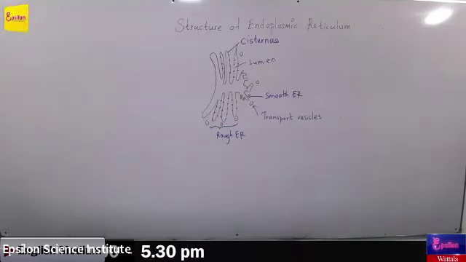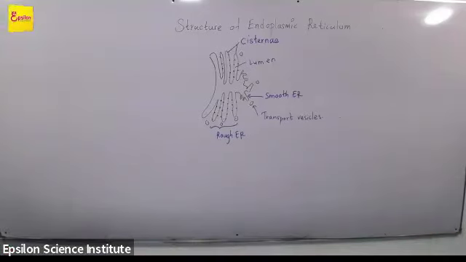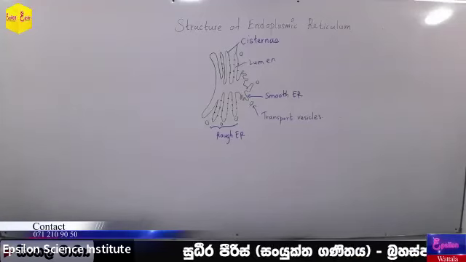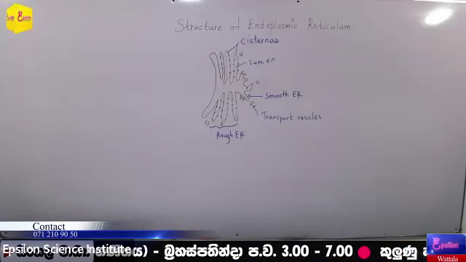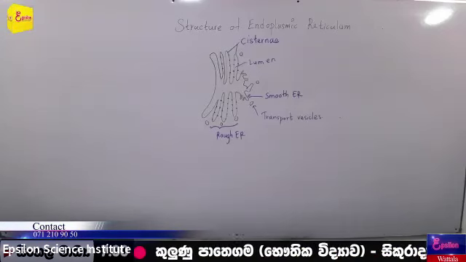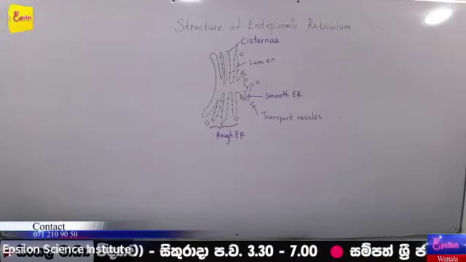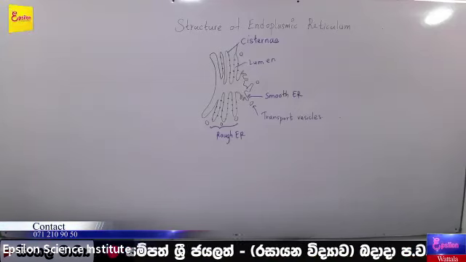Next one. It forms a network of internal membranes and forms flattened or tubular sacs.